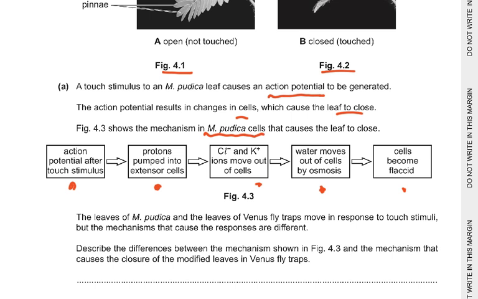The leaves of M. pudica and the leaves of Venus flytraps move in response to touch stimuli, but the mechanisms that cause the responses are different. Describe the differences between the mechanism shown in figure 4.3 and the mechanism that causes the closure of the modified leaves in the Venus flytraps. Now the Venus flytrap is in the syllabus.